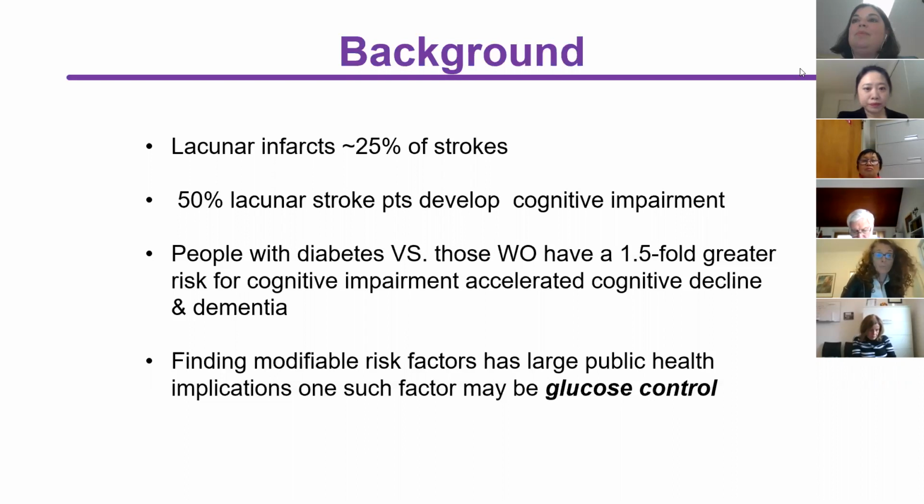Compared to people without diabetes, people with diabetes have a 1.5 to 2-fold greater risk for cognitive dysfunction, for dementia, and for an accelerated rate of cognitive decline. Thus, understanding potentially modifiable risk factors for cognitive dysfunction in people with type 2 diabetes who experience a lacunar infarct has important public health implications. And one such factor may be glycemic control as assessed by the A1C.